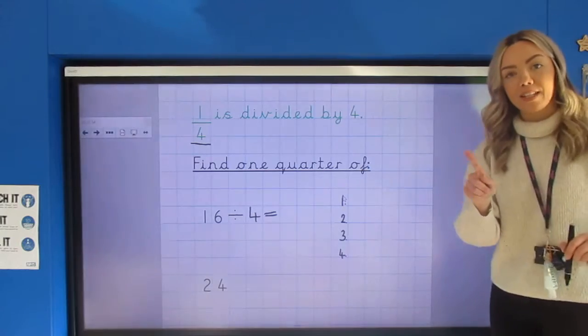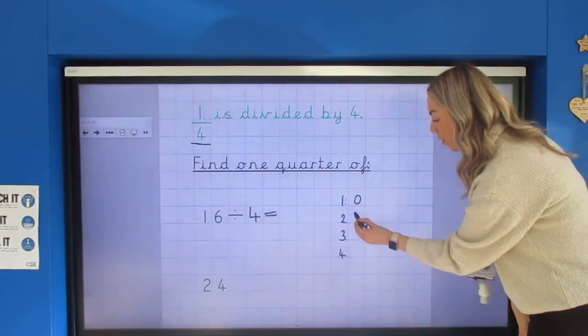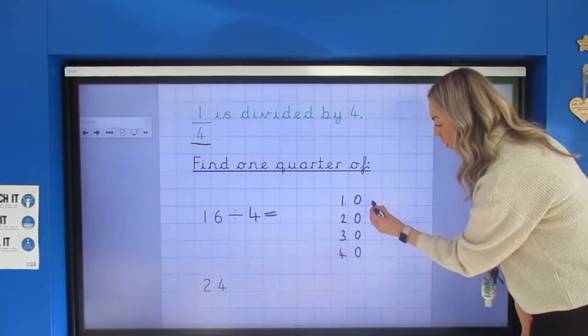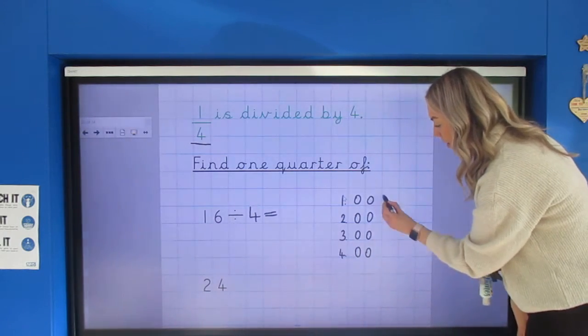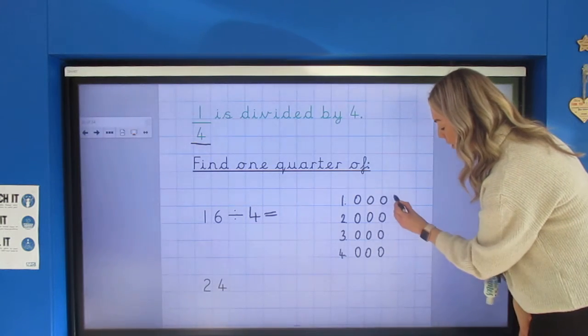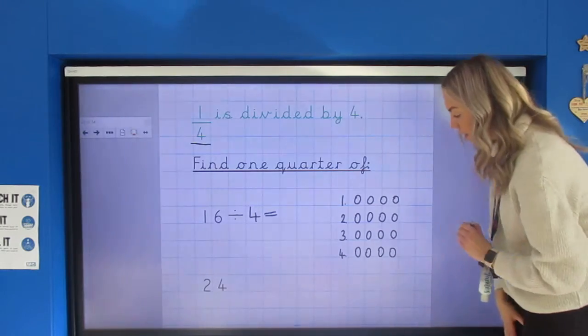Now let's count to 16, sharing them equally. Are we ready? 1, 2, 3, 4, 5, 6, 7, 8, 9, 10, 11, 12, 13, 14, 15, 16.